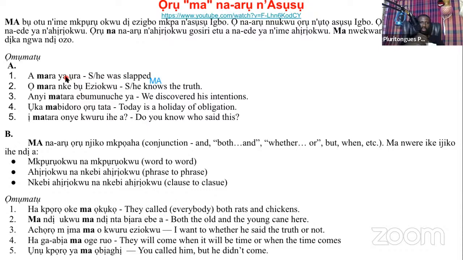Oka mabidoro ọrụ tata. So today the church has stopped people from working today. So today, the church says you should not work. All right. So growing up, we used to have Sundays as a holiday of obligation.